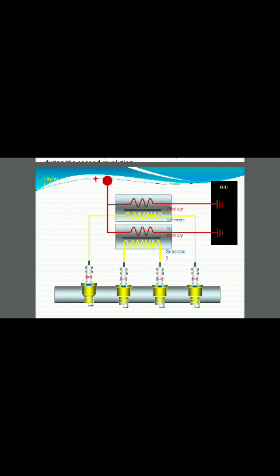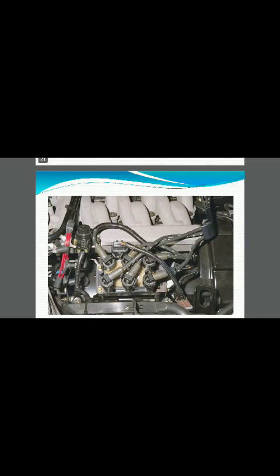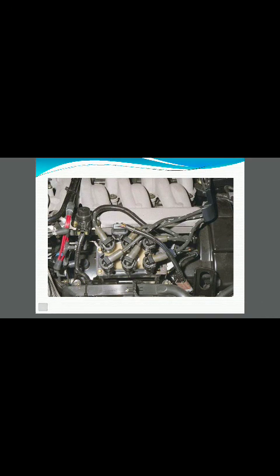You can clearly see there are two coils used for the four spark plugs, so there is no need to use the distributor. One by one they will supply the high voltage current to the spark plugs. See here the more clear pictorial view.